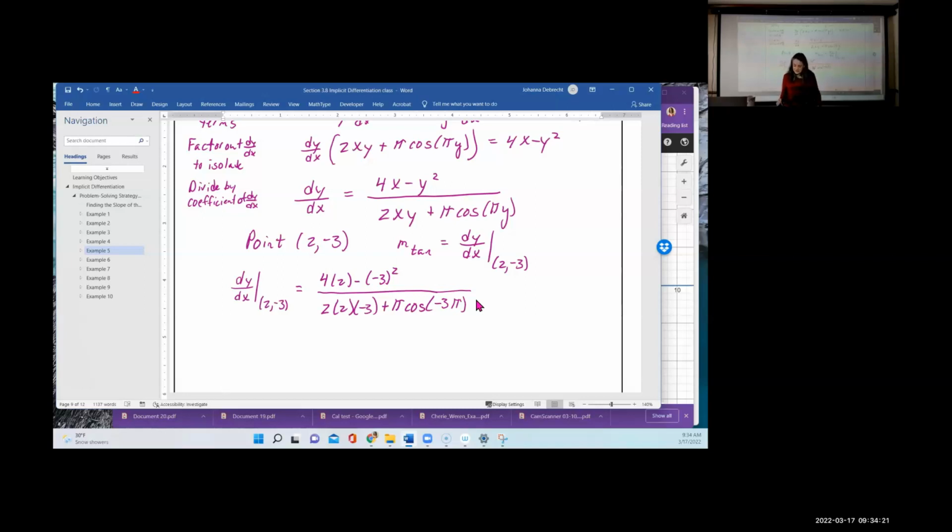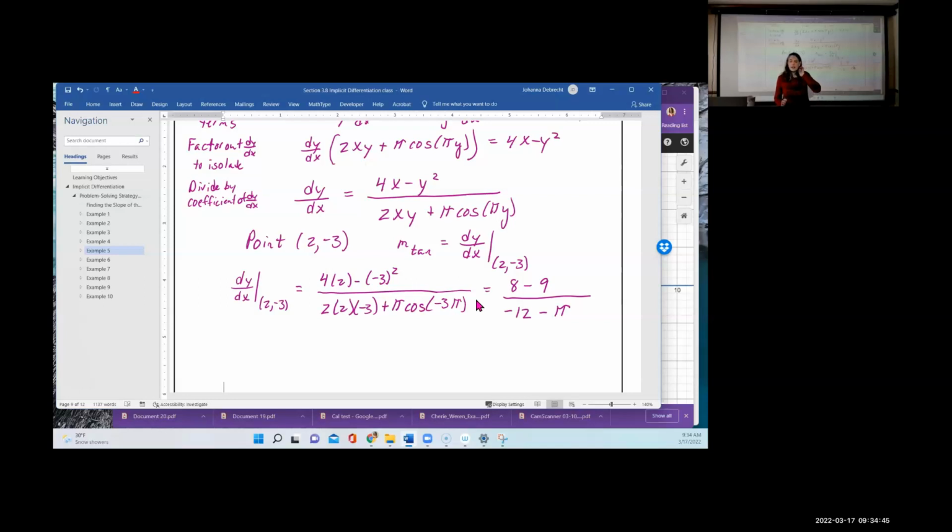All right. So we have 8 minus 9 in the numerator, which will give us a -1, over 4 times -3, which will give us a -12. The cosine of -3 pi is a -1. So this becomes minus pi, right?